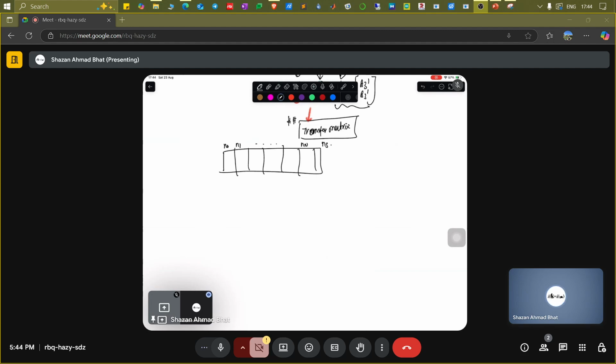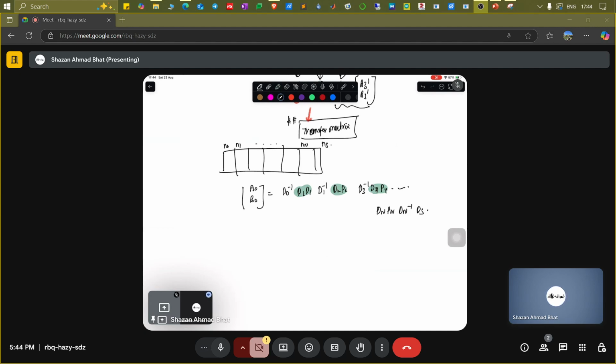You can write this transfer matrix as A0, B0 is equivalent to D0 inverse, D1, P1, D1 inverse, D2, P2, D3 inverse, D3, P3, and it goes on and on to Dn, Pn, Dn inverse, Ds. So you see there's a pattern.